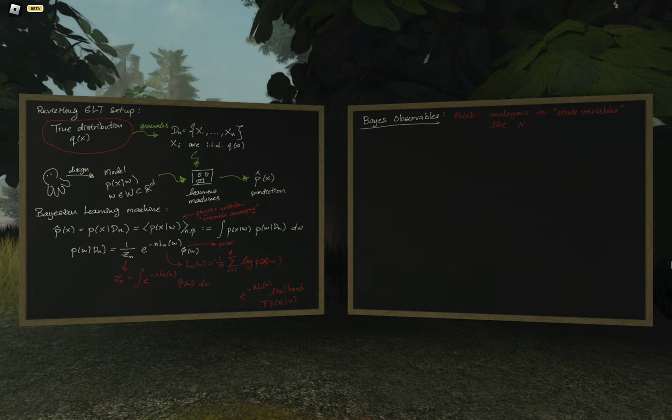By the way, I forgot there's a beta in here, and let me just put that in. So beta equal to 1, you get back the strict Bayesian posterior, and beta not equal to 1 is just a tempered posterior. So just another kind of learning machine. This learning machine itself is parameterized by a beta. You should probably put the beta in the partition function then too. Thank you.